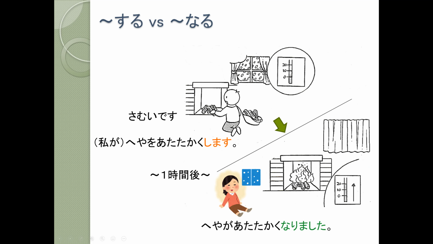So I make it warmer, and then it becomes warmer. ですね。します。なります。So, なります is like a natural change or result, something that just happens. します is something that I actively do.